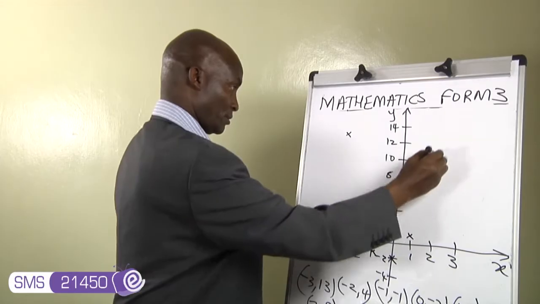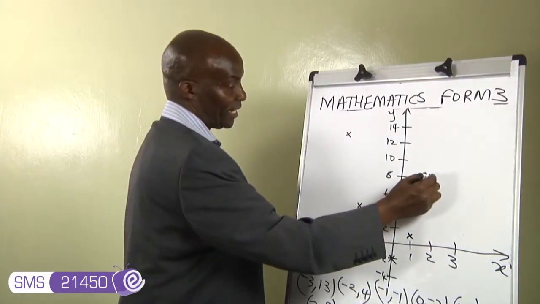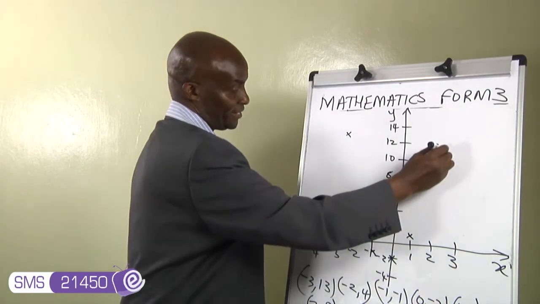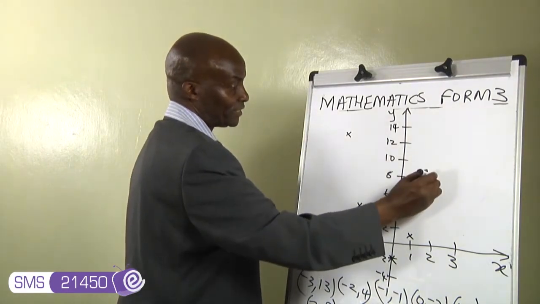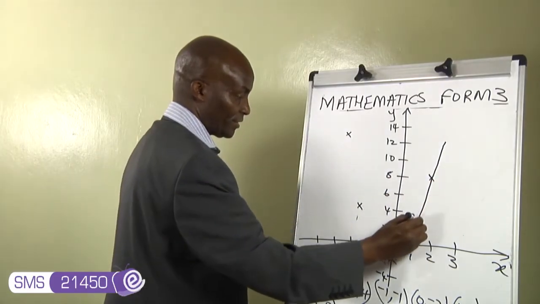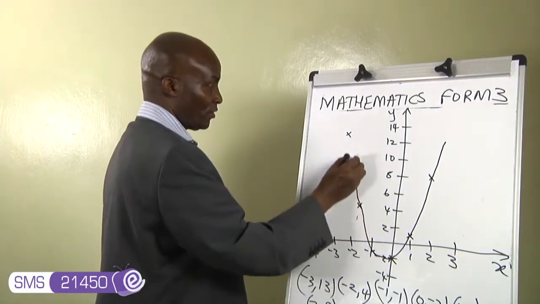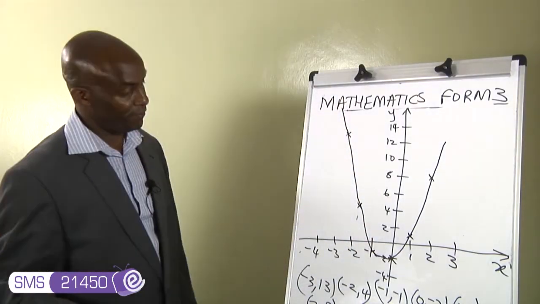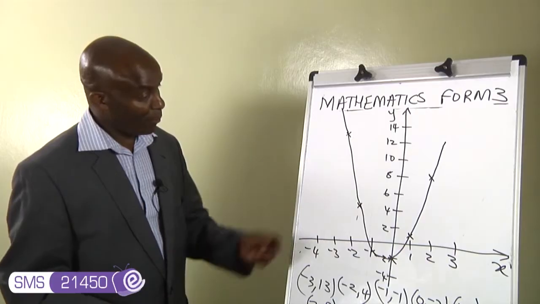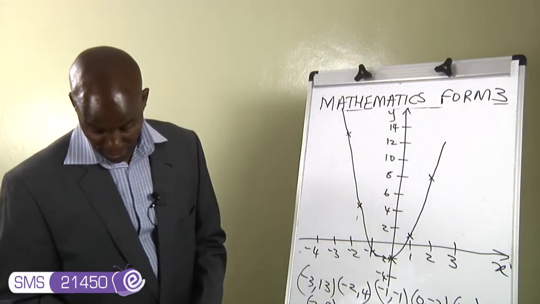Remember, when you are drawing this, you can extend the curve. It doesn't have to start and end at those points. You can extend depending on the shape of the curve. So roughly, that is the kind of curve we are supposed to get.